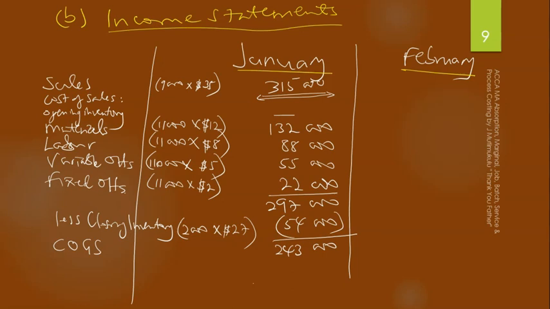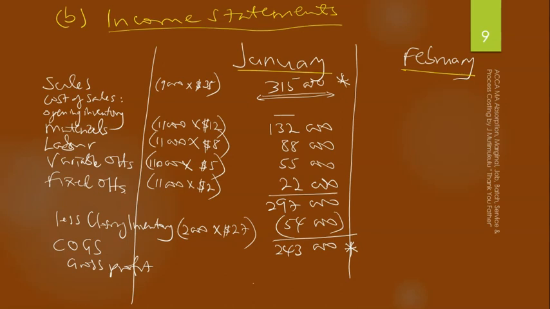So when we do that, we then have to determine the gross profit. The gross profit is sales minus cost of sales.